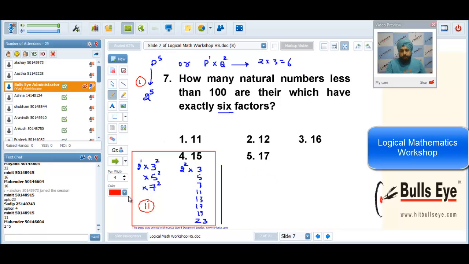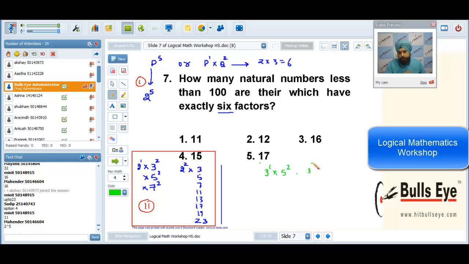Let's say we talk about 3's. So if I have 3 raised to power 1, this can be multiplied with 5 raised to power 2, the only value, because 7 square will make it larger.